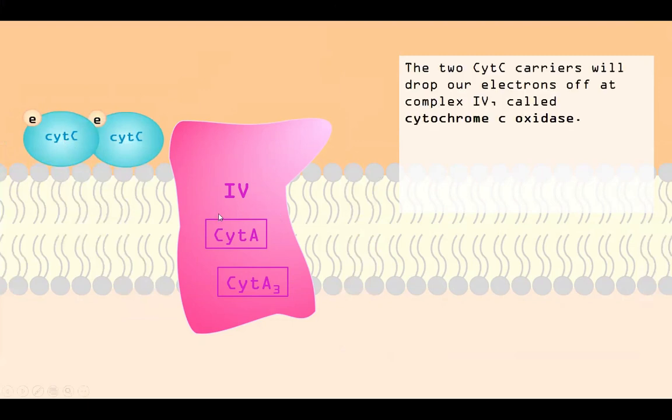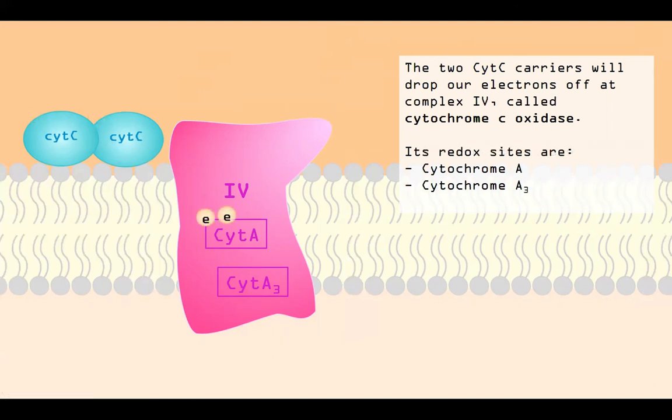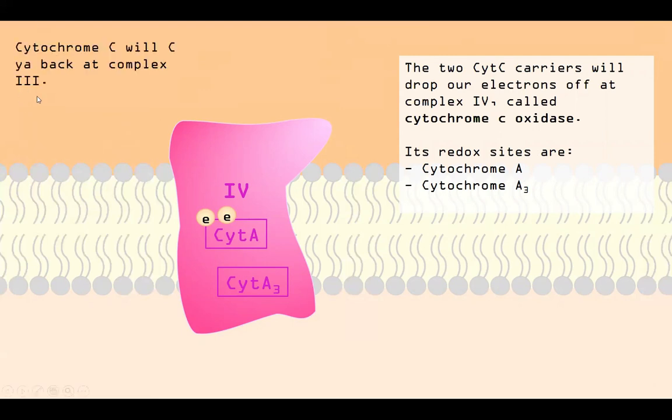Complex 4. This is also called cytochrome C oxidase. So I bet you can guess why this would be called cytochrome C oxidase. About to just take some electrons from the cytochrome C. So we've got a couple of redox sites here. Cytochrome A, cytochrome A3. Electrons, cytochrome C. We'll head back to complex 3.